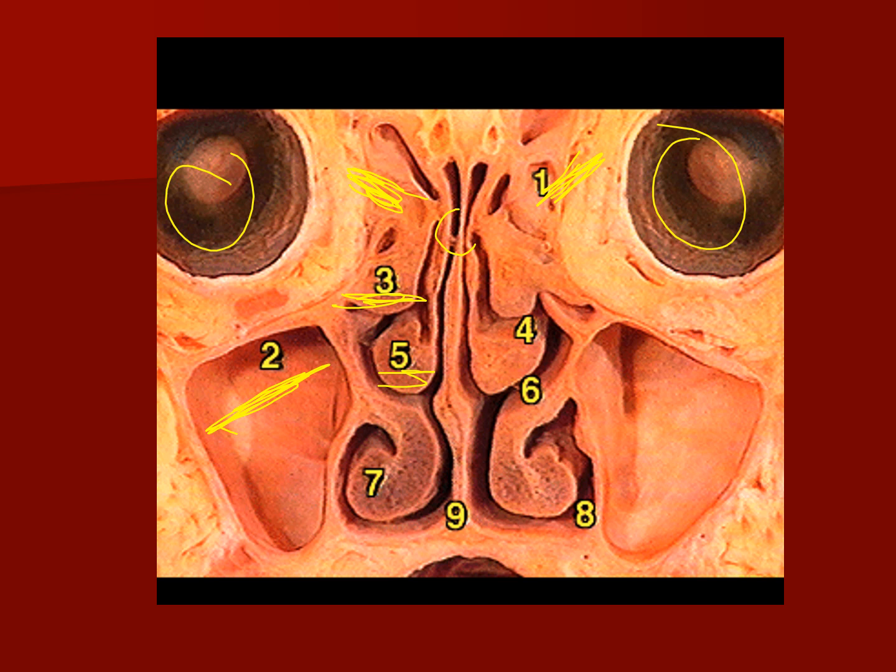So we just saw those 3 projections in the nose that help turn the gas turbulent, help increase surface area, increase dwelling time, increase filtering, increase humidity, right? All those good things, that's what they do. So the superior, middle, and inferior concha.